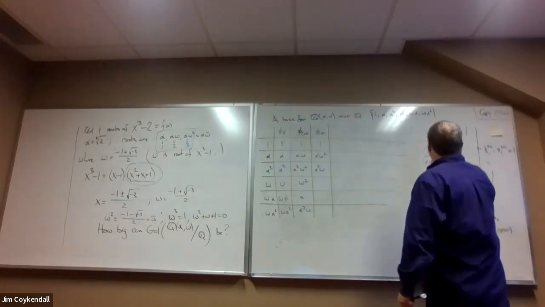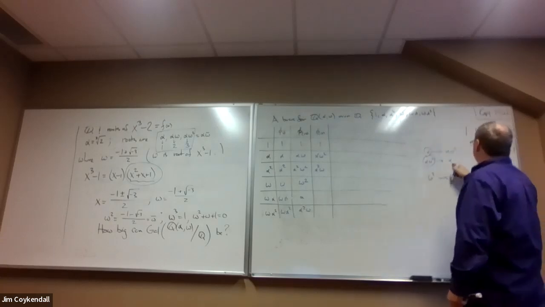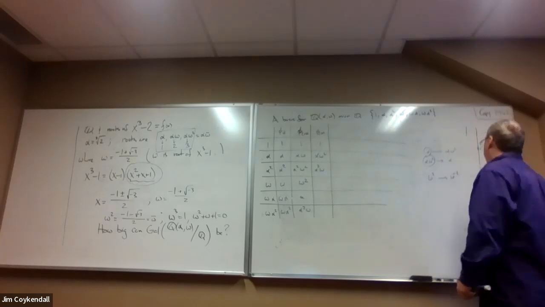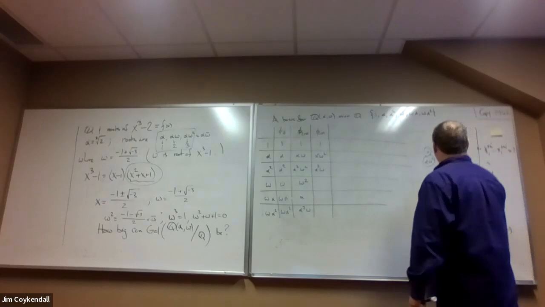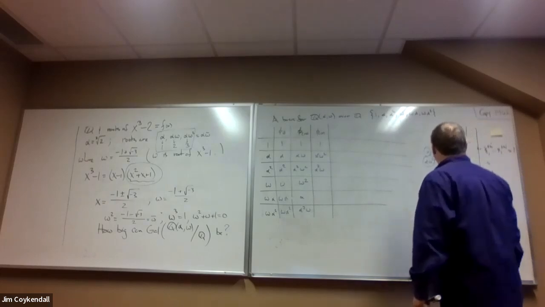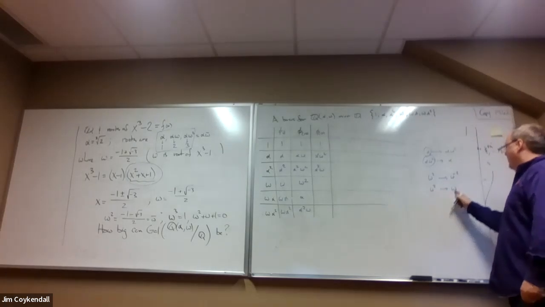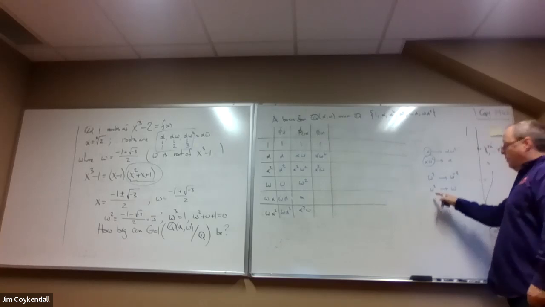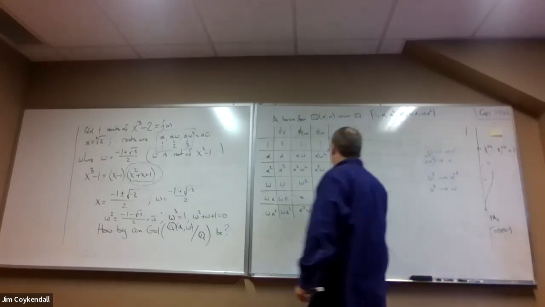Let's divide. Omega squared goes to this over this, this divided by this, omega to the minus 2, which is omega. So omega squared goes to omega, which means that omega has to go to omega squared. Just square this. If you square this, you get omega, square this, omega squared. So this goes to omega squared.